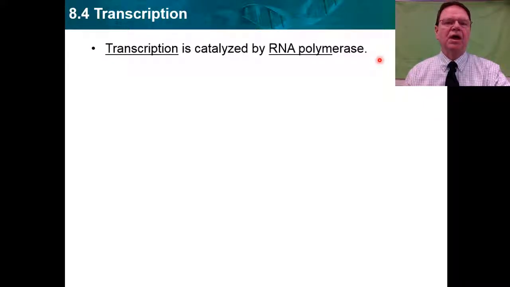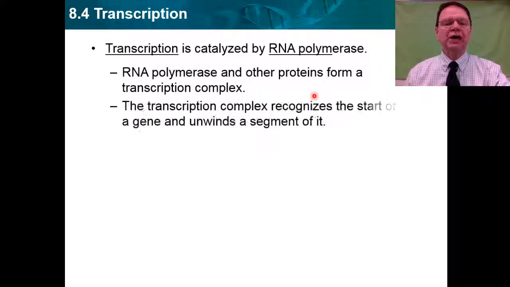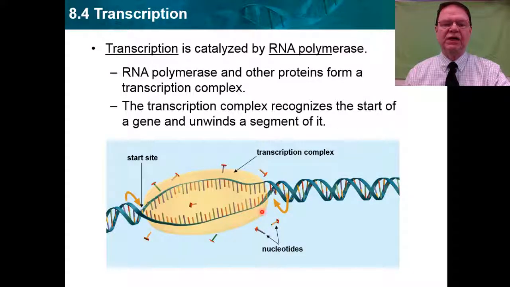This is a similar kind of enzyme, but it operates to build an RNA molecule. So RNA polymerase and other proteins form a transcription complex, and that complex recognizes the start of a gene and unwinds a segment of DNA so this information can then be copied.